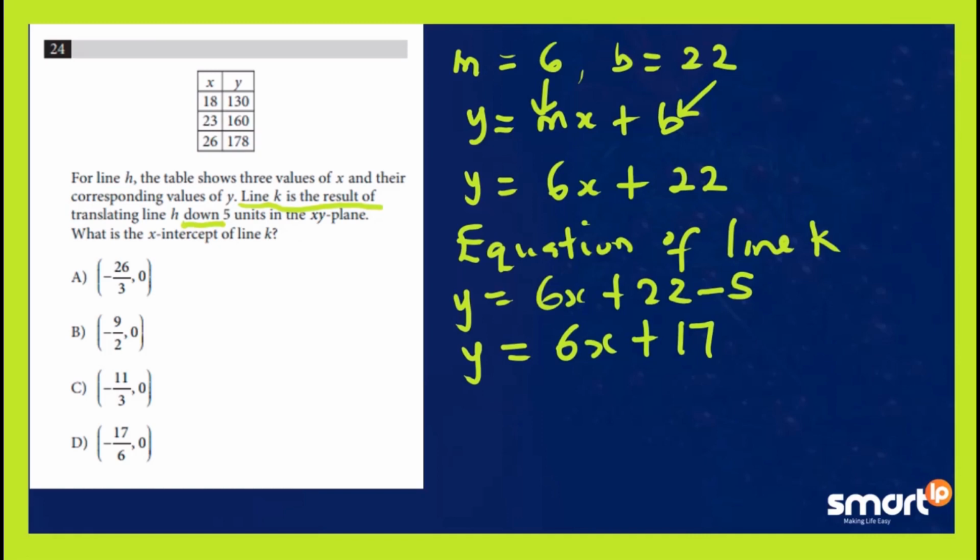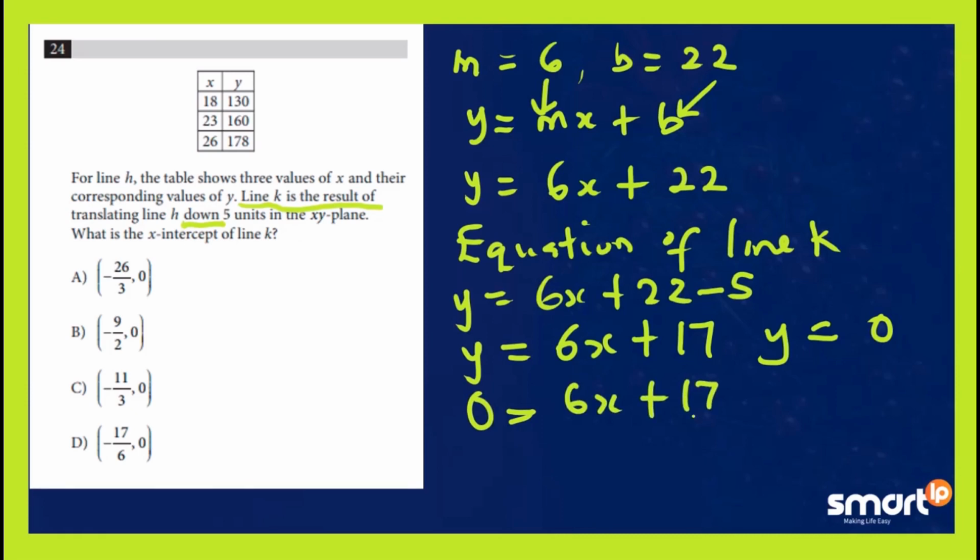If you want to get the x-intercept, that will happen when y is equal to 0. That is the only time we're going to get our x-intercept. So let's put the value of 0 into the position of y, and so we have 0 equals 6x plus 17.